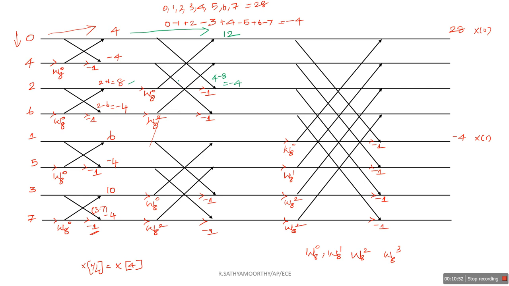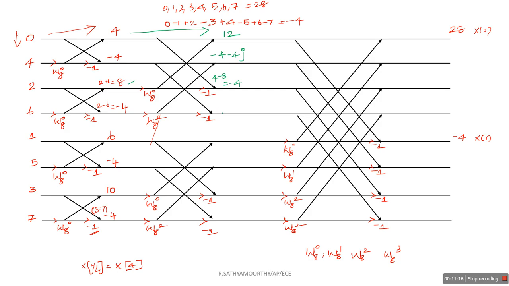Okay, and then what is this value? This value is minus 4. If you calculate through the calculator, it is minus 4 plus 4j. You can work it out in the complex mode.